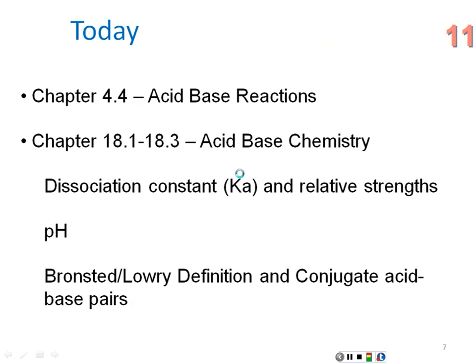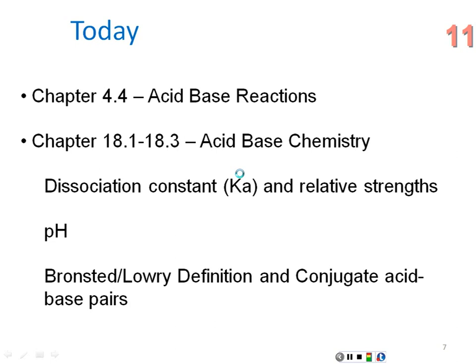All right. Let's get on to new material. So today we're going to be talking about starting with chapter 4.4. It's a basic overview of acid-base reactions and titrations. Then we're going to move on to chapter 18, and we're only going to be covering material from 18.1 through 18.3, and I just sort of generally called this acid-base chemistry.